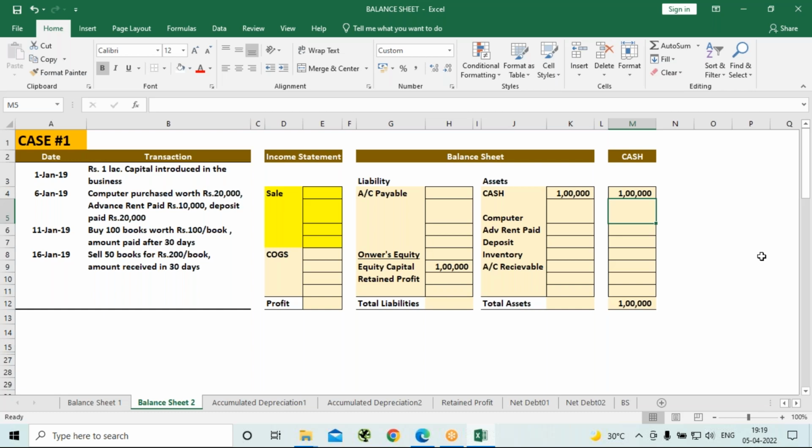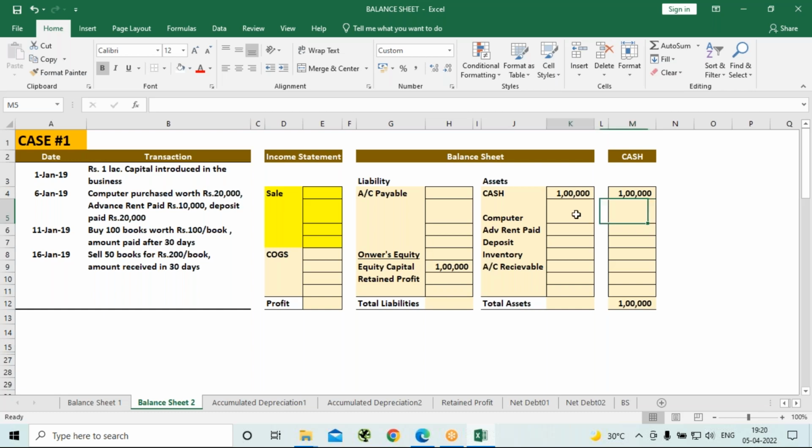Computer purchase, computer value will be 20,000. Whenever there is a purchase or sale, it has to be considered on two bases, whether it is a cash basis or credit basis. Here it's on a cash basis. Whenever there is any cash calculation, we have to put it in the cash account also.